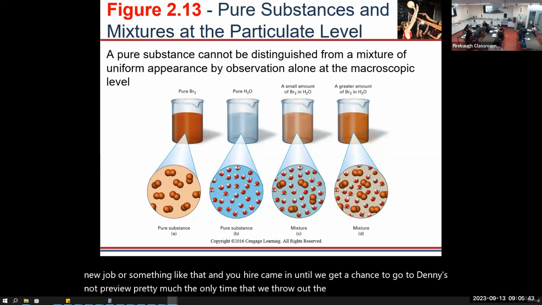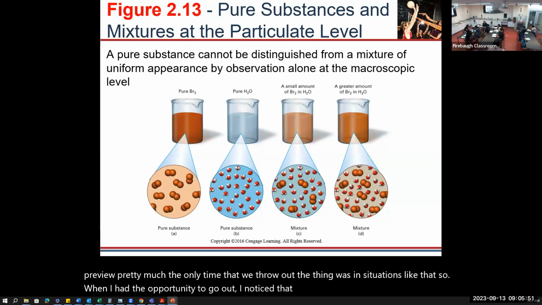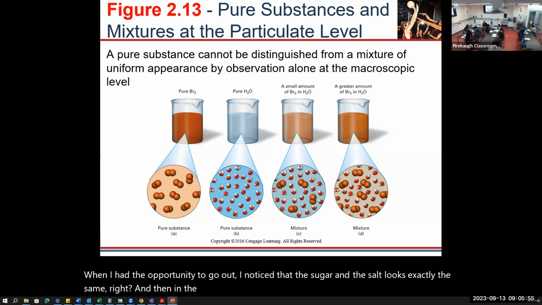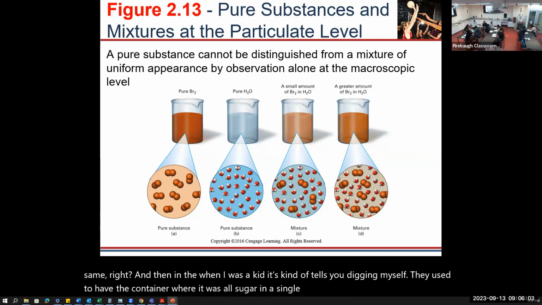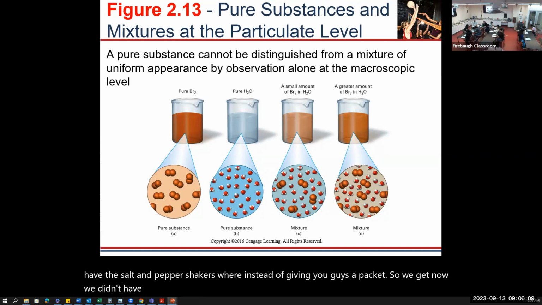So when I had the opportunity to go out, I noticed that the sugar and the salt looked exactly the same, right? And when I was a kid, this kind of tells you, dating myself, they used to have the container where it was all sugar in a single glass container, right? And then you have the salt and pepper shakers. Instead of giving you the packets that we get now, we didn't have the packets then. It's probably because of me, kids like me.